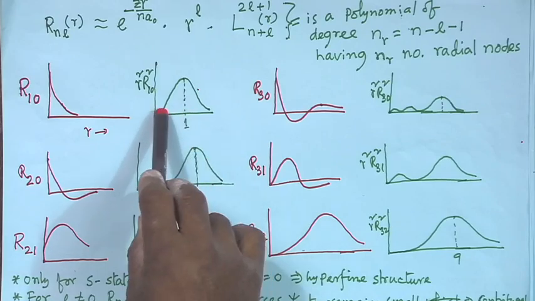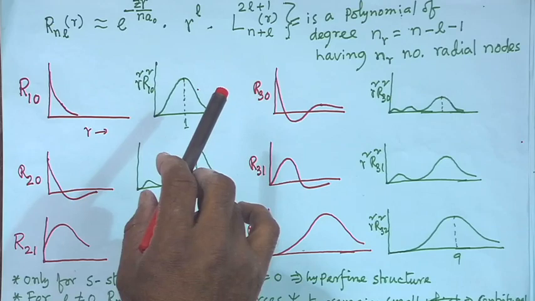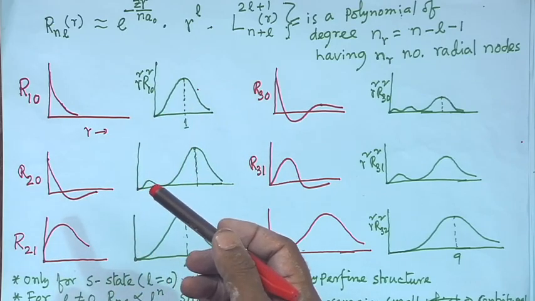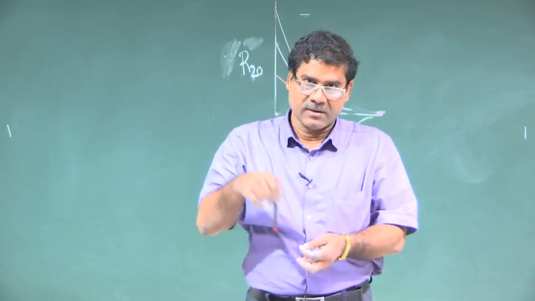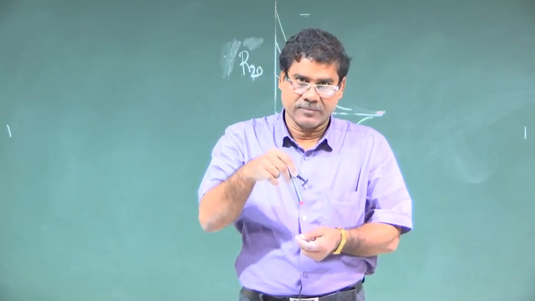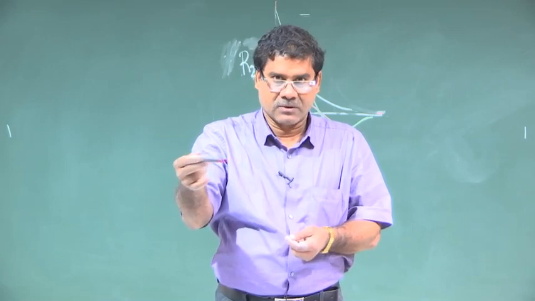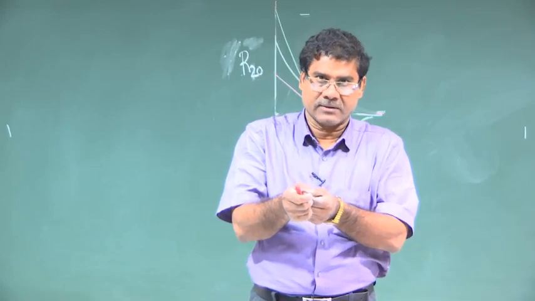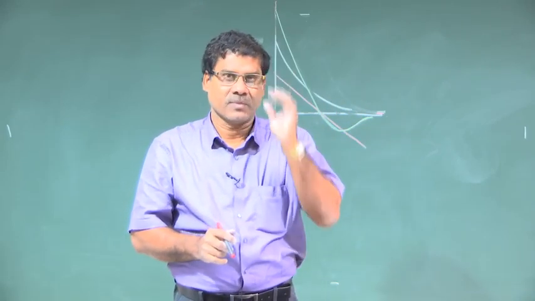In the Bohr model, we have seen that the electron can only be found on an orbit. There are different orbits, and in between there is no possibility to find the electron. But in quantum mechanics we are saying that is not correct.